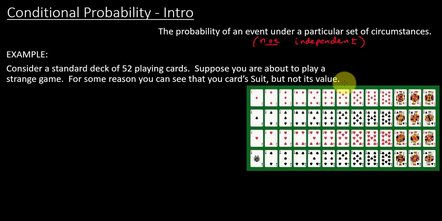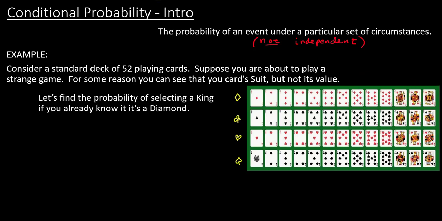So we mentioned in a previous video that we have the four suits. We've got the diamond, the heart, the spade, and the club. So you can see that it's one of those suits, but you cannot see, for some reason, that it's an ace, a 2 or 3, or a jack, queen, king.